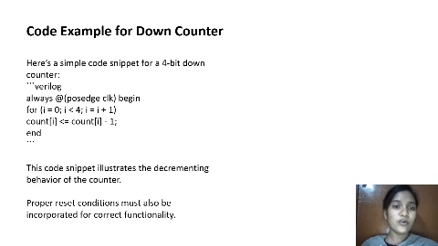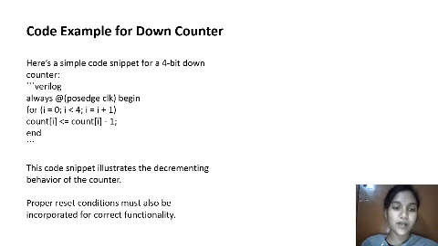Now, the Verilog code for the down counter. Here is a simple code snippet for a 4-bit down counter. Input and output are taken, and the next step is always at posedge clock. Then begin, for initially i equals 0 and the condition is i less than 1. Here, entering the loop, count of i less than or equals to count of i minus 1.